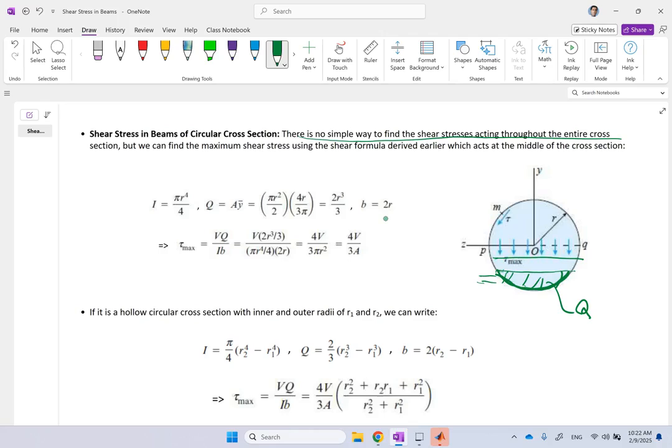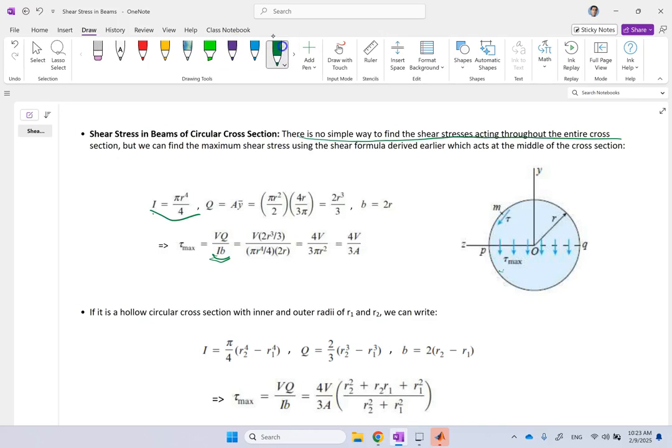But if we want to approximate based on this formula, for a cross section of a circle, I for a circle with radius r is pi r to the 4 over 4, and Q max, which happens here for half of the circle, is basically the location of the centroid times its area.